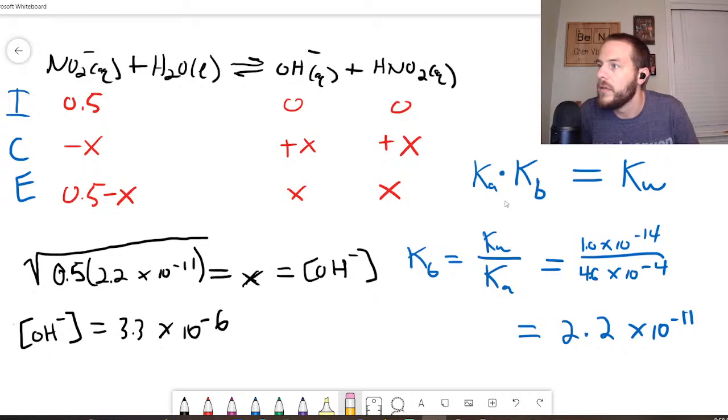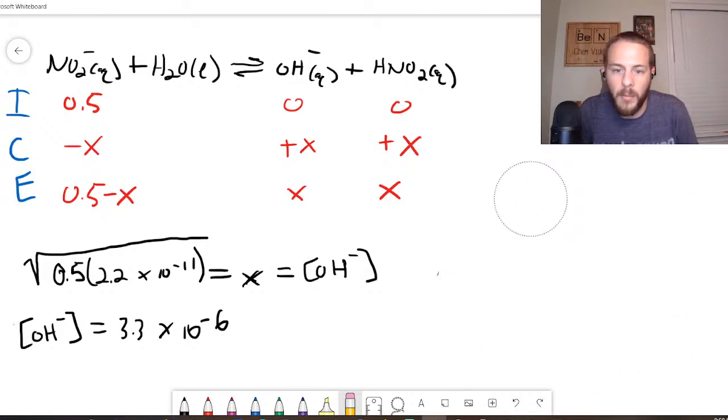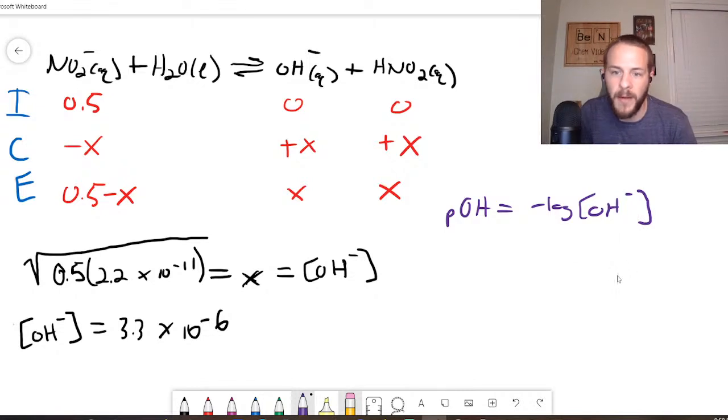That is the concentration of the hydroxide ion in this problem here, right? 3.3 times 10 to the minus 6. So from there, we can't get pH directly, but we can get pOH, right? We know that pOH is equal to the negative log of the hydroxide ion concentration, so in this case, negative log of 3.3 times 10 to the minus 6.